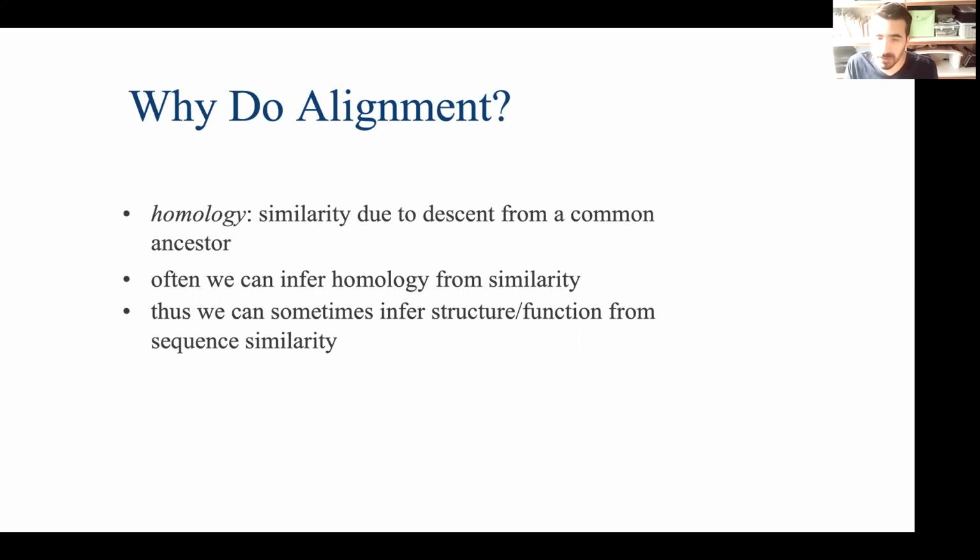And most of the time, we can infer structure and function through pairwise sequence alignment. In experimental labs, it is not possible to study the entire protein universe, right? For example, human protein X can be studied in the lab, but horse protein X, which is homologous to human protein X, may not be characterized in the lab.